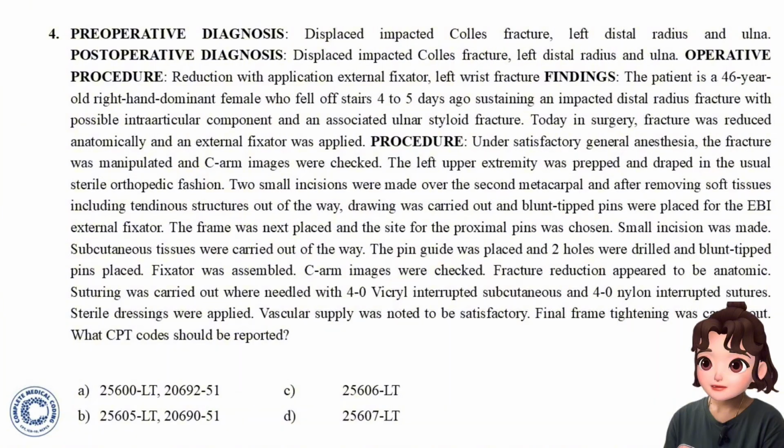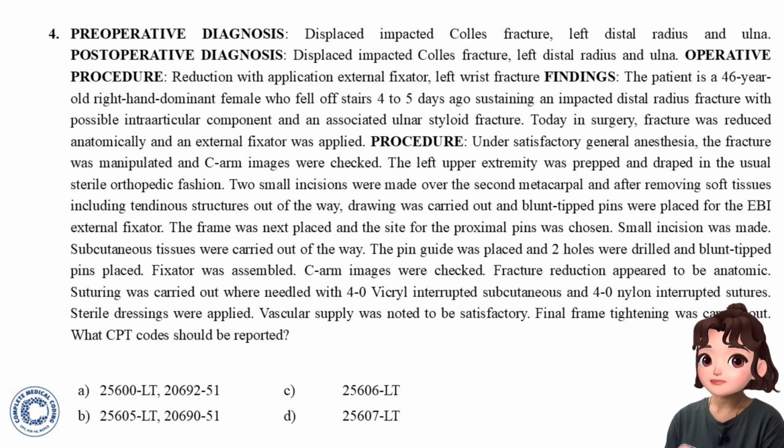Pre-operative diagnosis. What is the pre-operative diagnosis? Displaced impacted Colles fracture, left distal radius and ulna. Post-operative diagnosis, again the same, displaced impacted Colles fracture, left distal radius and ulna. So this means the pre-operative diagnosis and post-operative diagnosis are the same.